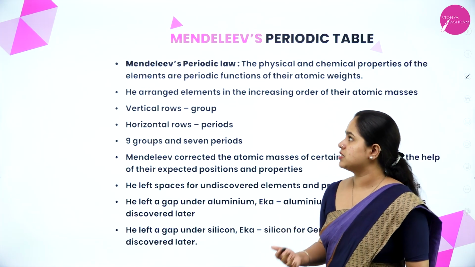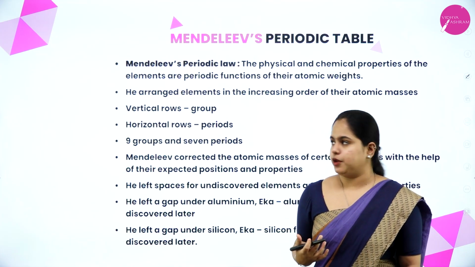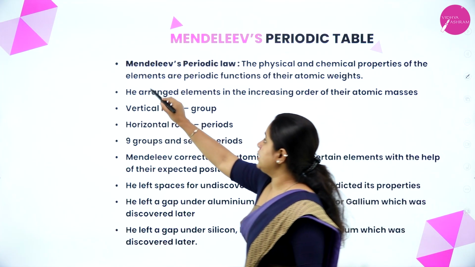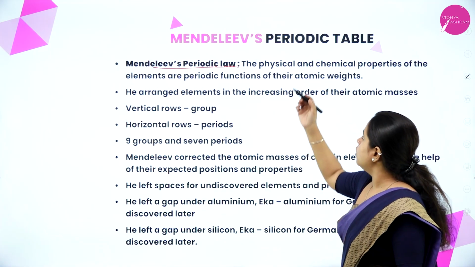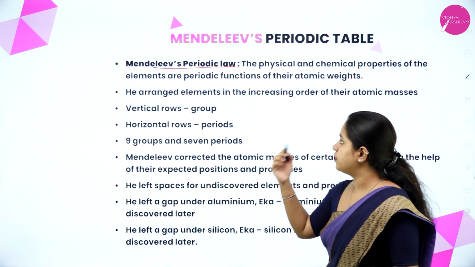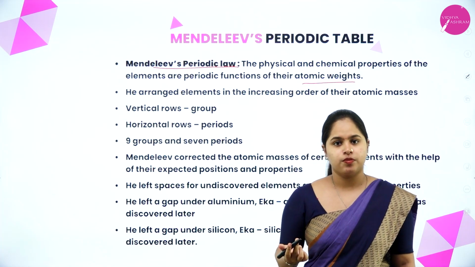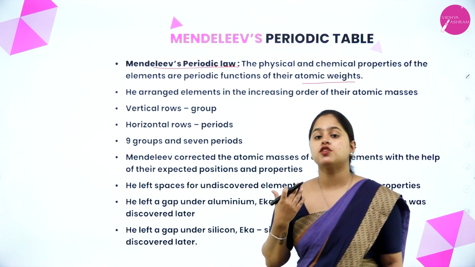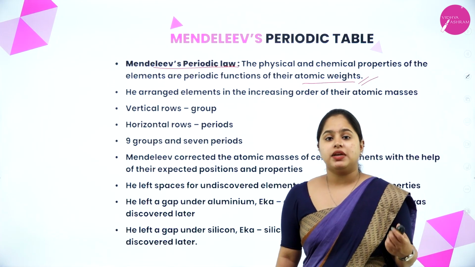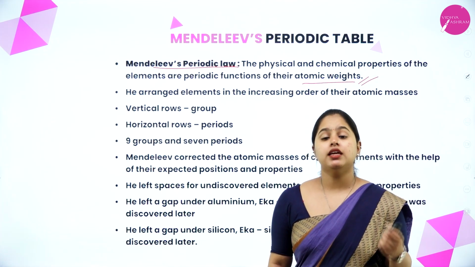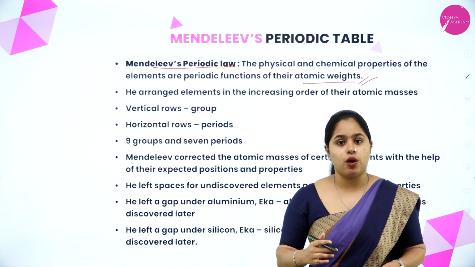Then came into existence Mendeleev's periodic table. So what is Mendeleev's periodic table? Before that, you need to know Mendeleev's periodic law. The physical and chemical properties of the elements are periodic functions of their atomic weights. That means in Mendeleev's periodic table, the elements were arranged in the increasing order of their atomic weights.